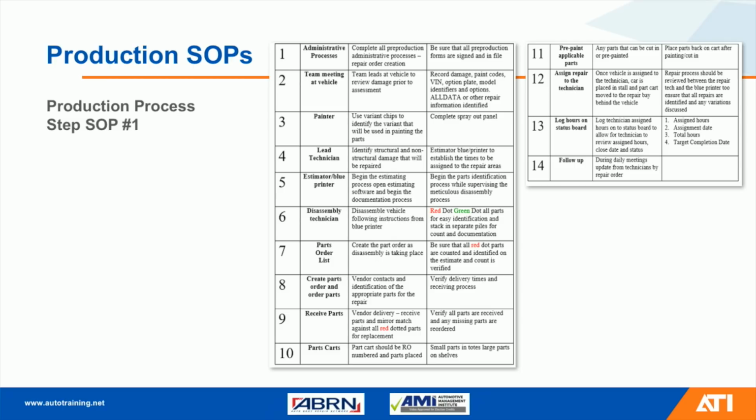Now, here's the idea behind this. Let's say the production manager, for some reason, has to be gone this afternoon, and I have somebody who's working through a specific process. They can go to the operations manual in the store, look at the production steps, and they can basically walk themselves through the process without having to get the detail from the production manager.